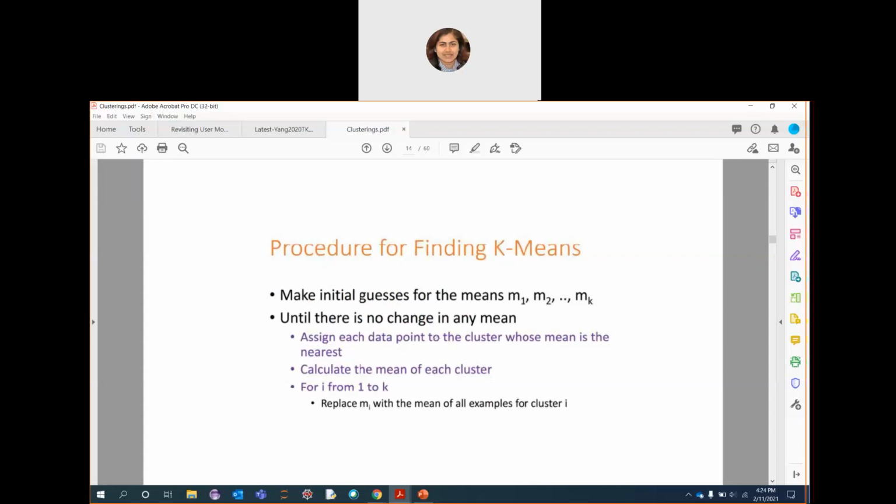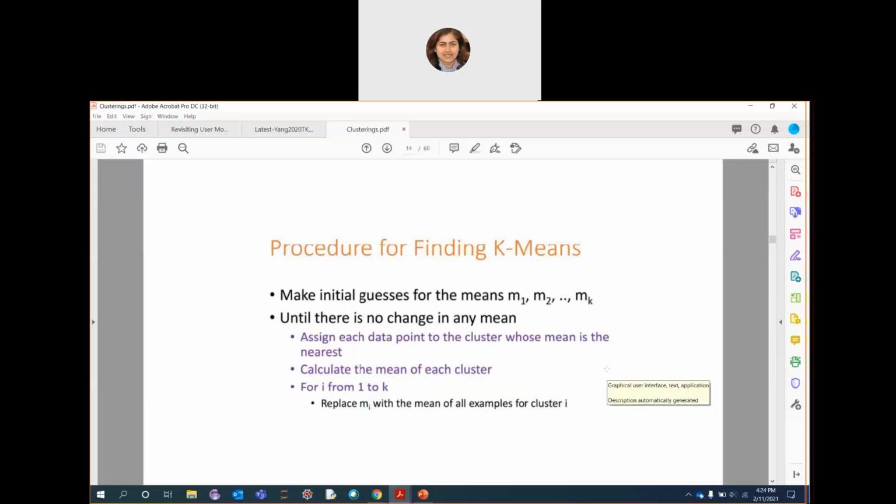The procedure of finding k-means: first you need to make guesses of the initial means, M1, M2 up to Mk, if there are k clusters. Then you repeat certain steps until there is no change in the mean. First, assign each data point to the cluster whose mean is nearest.